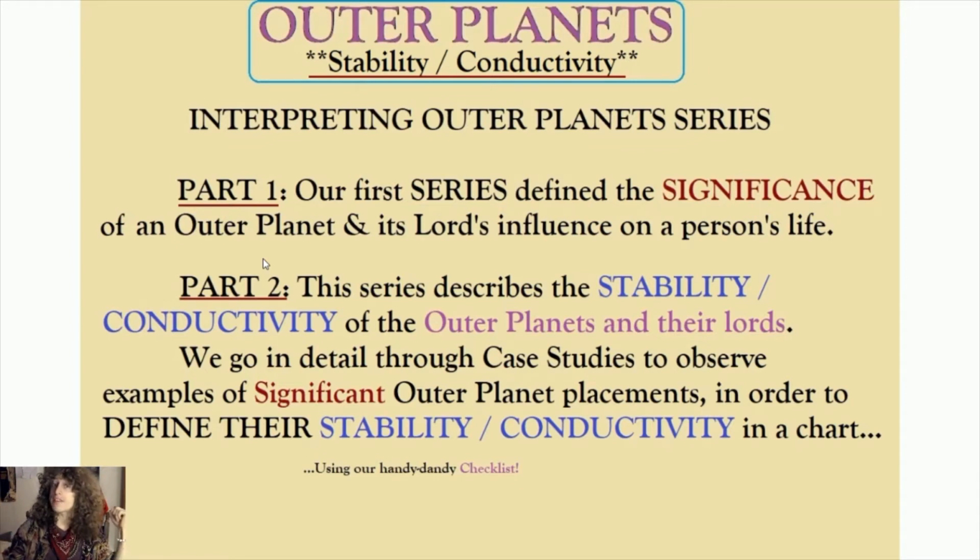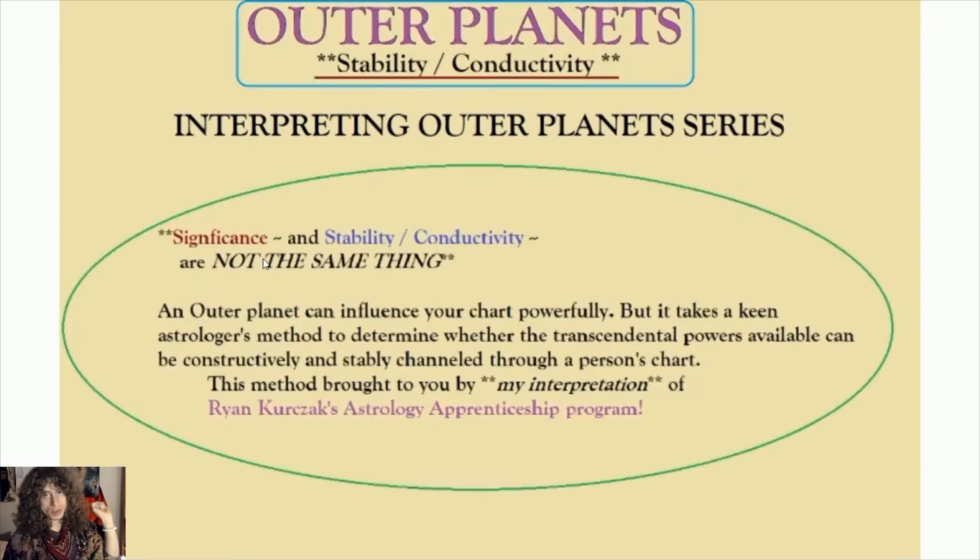Just because it's significant doesn't mean it's good or bad. We use a checklist to determine the quality of this significant placement, because the two are not the same thing. It takes a keen astrologer's method to determine whether the transcendental powers available through the outer planets can be constructively and stably channeled through a person's chart.